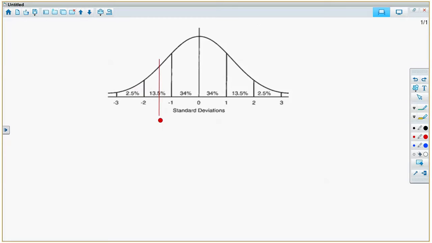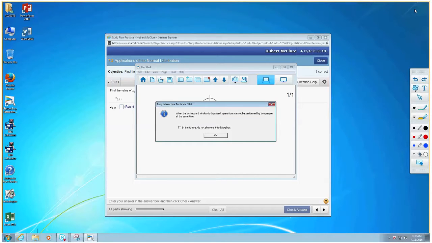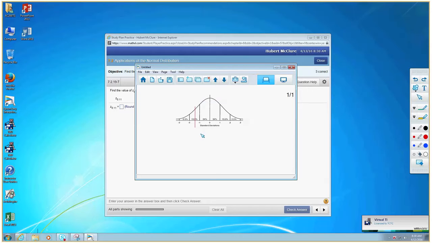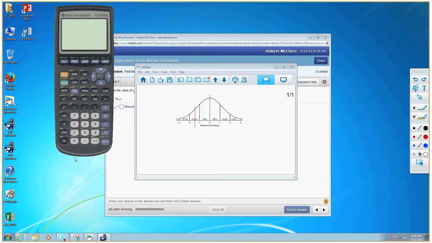We got to have a z-score. It looks like to me it's going to fall between -1 and -2. So pull up your handy dandy calculator. And as I was showing you in class the other day, you can actually do inverse norm and type in 0.1100, and it will give you your answer.